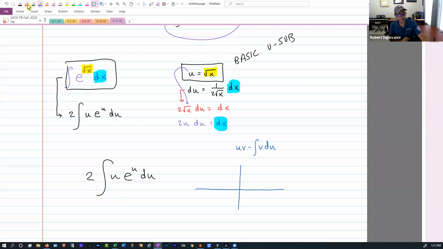I'm going to have to change this formula to use a different letter, like w and then dw. Do y'all see what I'm saying? I can't use u in two different places to mean two different things. So instead of u here, I'm going to put w here, and over here this is going to be dv.